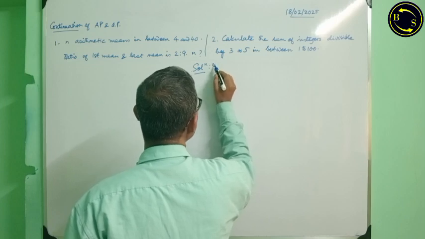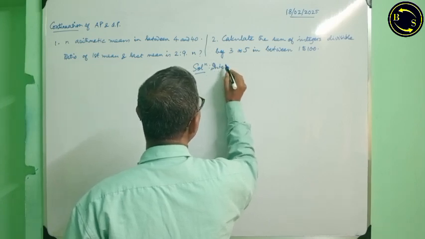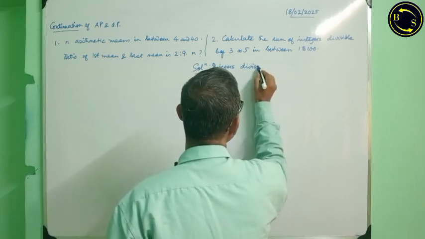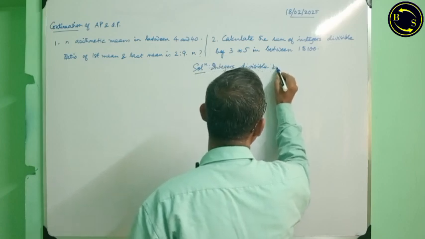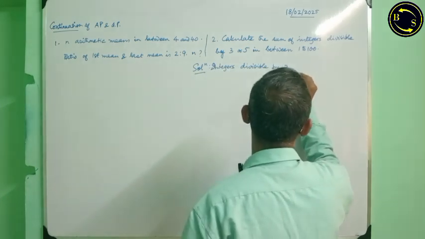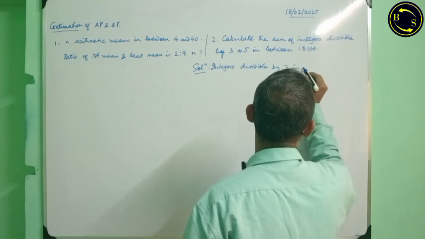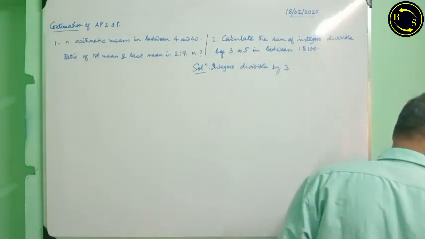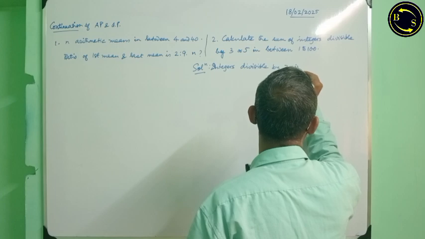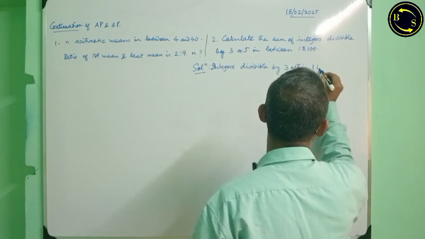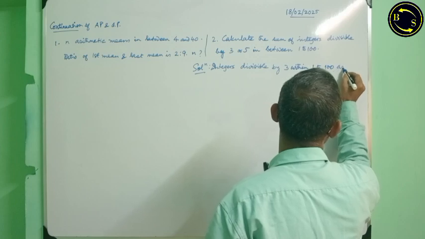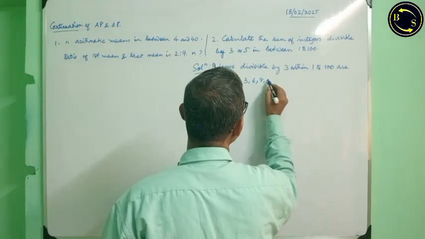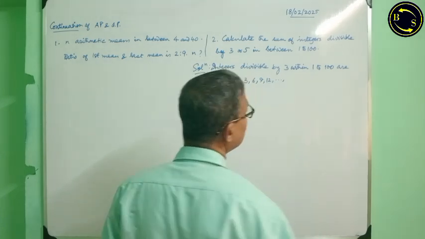Integers divisible by 3 within 1 to 100 are 3, 6, 9, 12, up to 99.